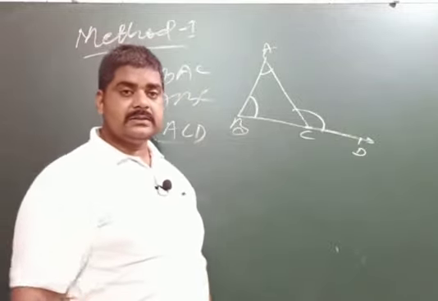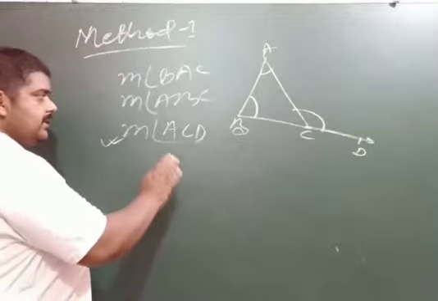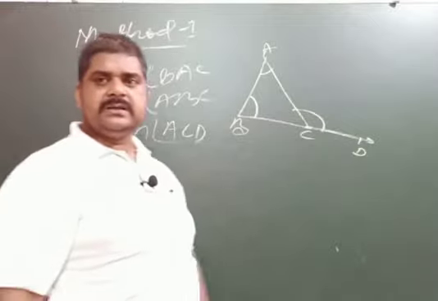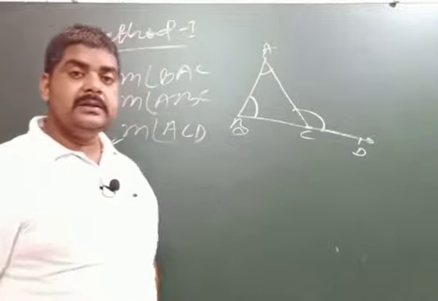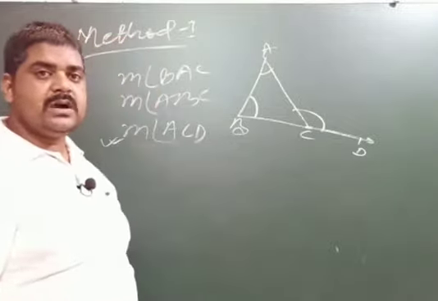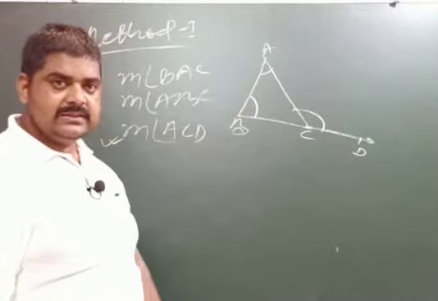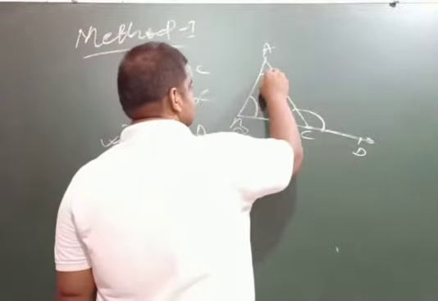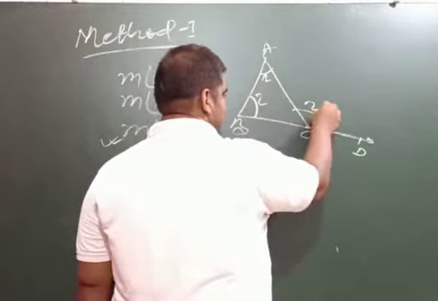For the second method, you do a similar activity, but in this method you use scissors and cut these three angles. Suppose they are marked as 1, 2 and 3.